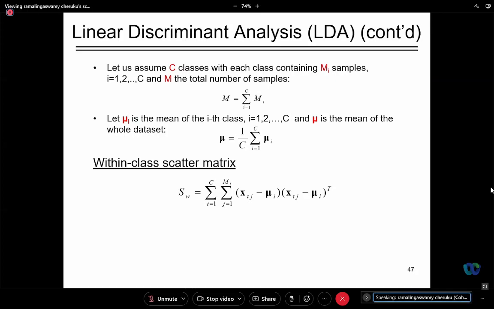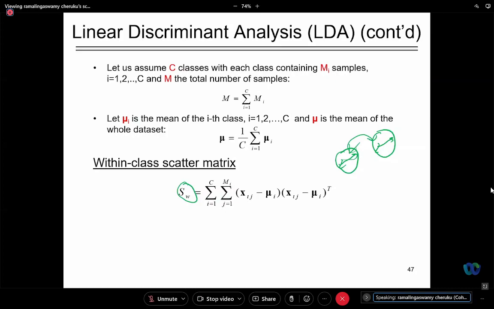Now, how do we calculate the within-class scatter matrix? This is called the scatterness between the clusters, and this is the scatterness within the cluster. If you want to find the scatterness within the cluster, it's a matrix called SW, the scatterness within the cluster.